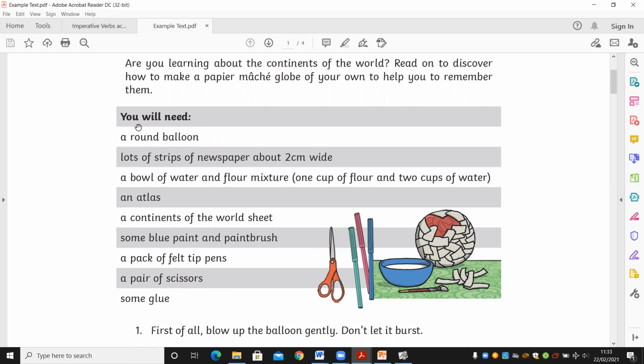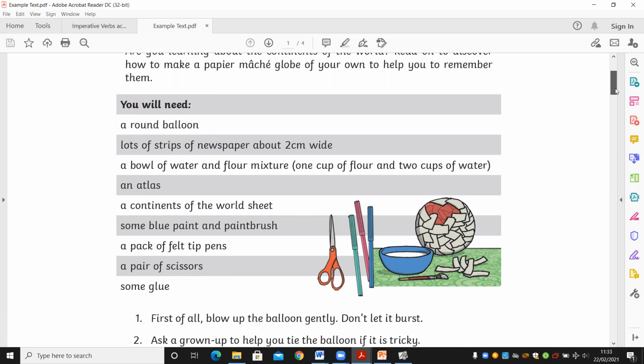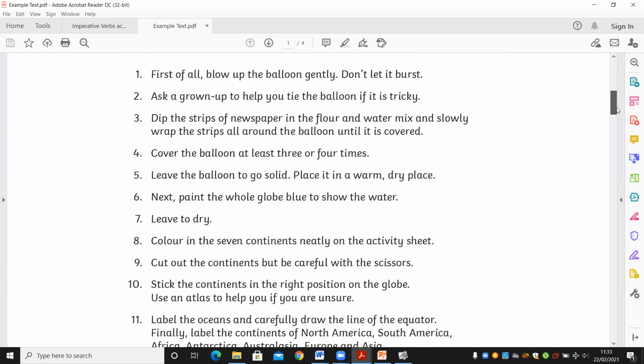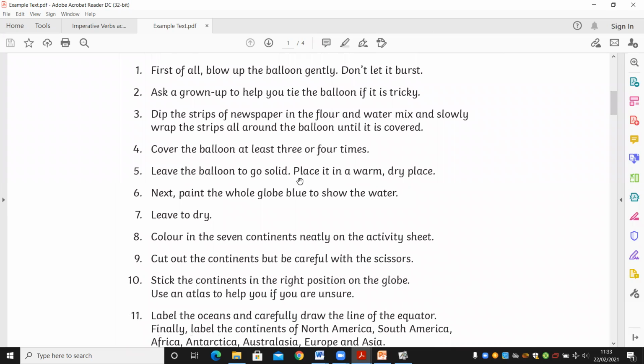So that is our list. If this was a recipe, this would be the list of the ingredients, because this is not a recipe, it is a list of all the items that we need to complete the task. And then finally, we have all the different steps that we need to follow to complete the instructions.